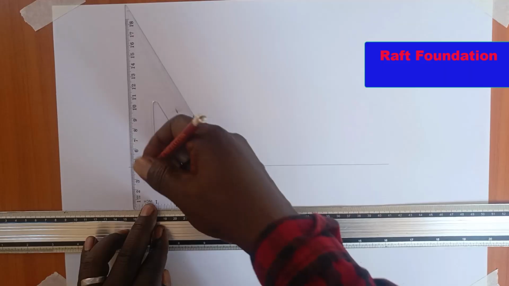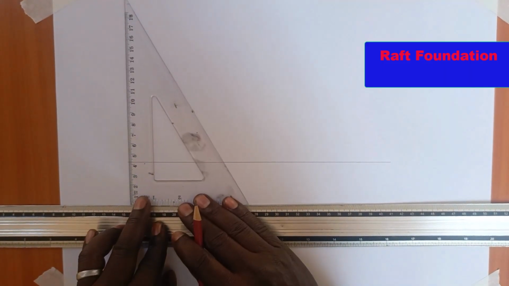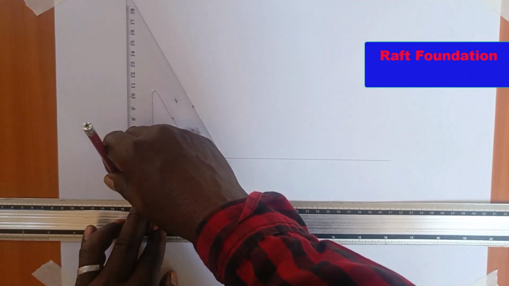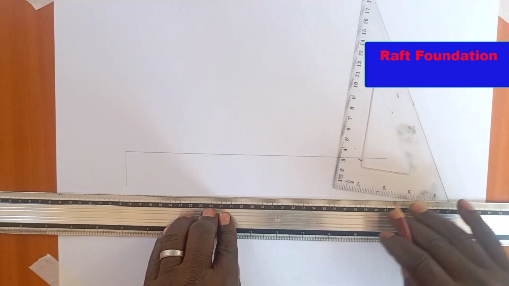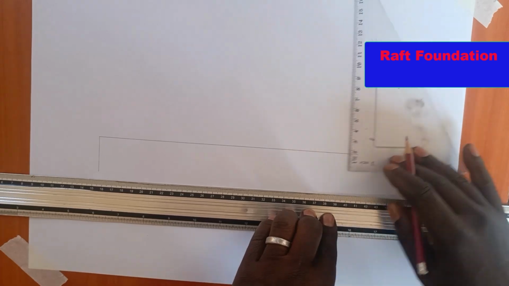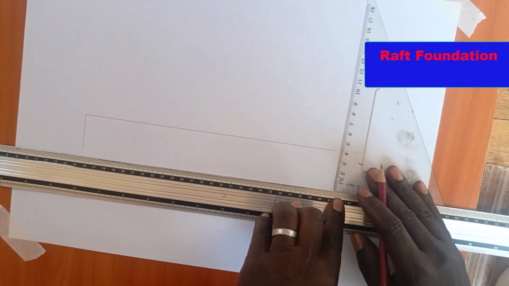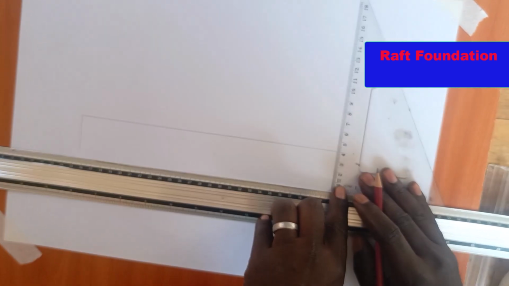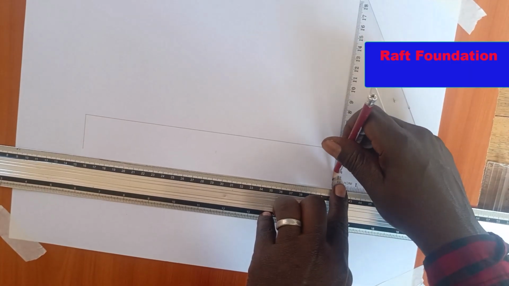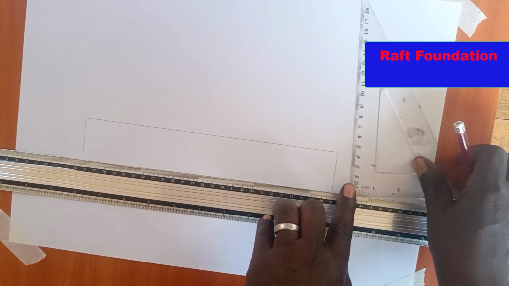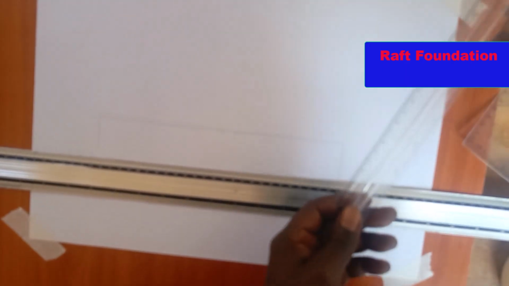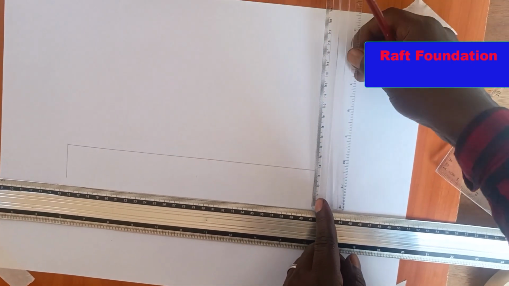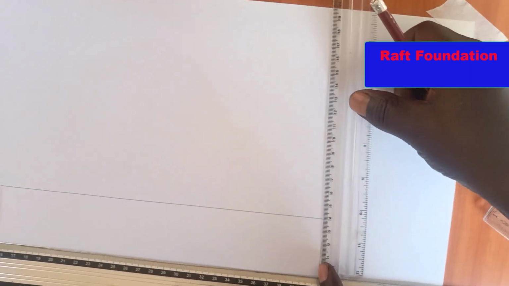So let me draw this line. 400 millimeter. I'm going to measure it. So this is going to be also 400 millimeter. So if I use my ruler, I measure this to 400 millimeter, which you can see.